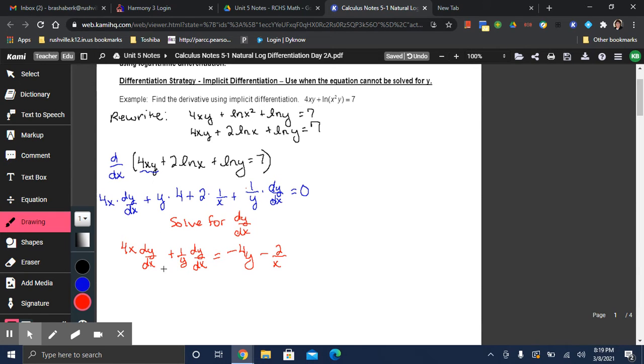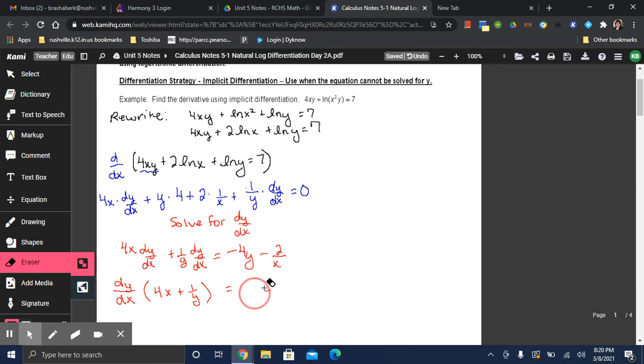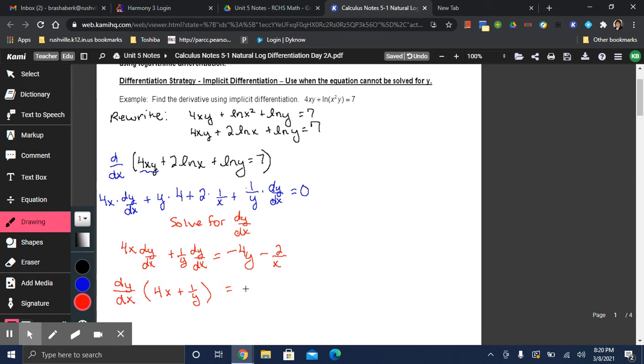Now I can factor out the common factor of dy dx. And that would give me 4x plus 1 over y equals negative 4y minus 2 over x.